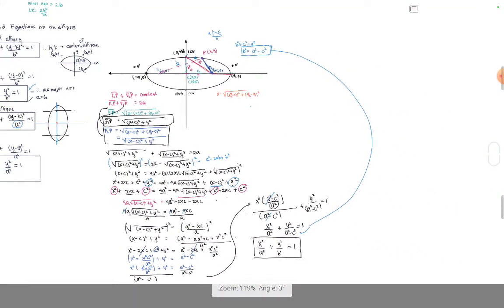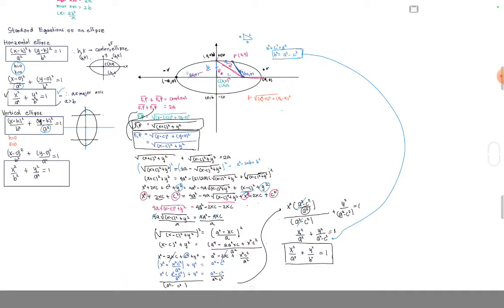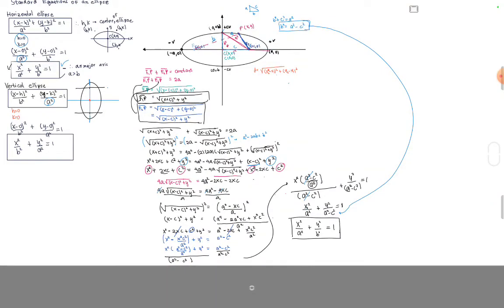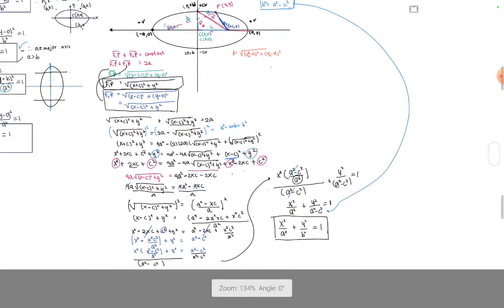But the process will be the same: you add the distances from the fixed points, the foci, to a point P, and of course there are two foci in our ellipse. You get their sum, and this is equal to a constant, which is always equal to 2a. So from this you will have this formula.